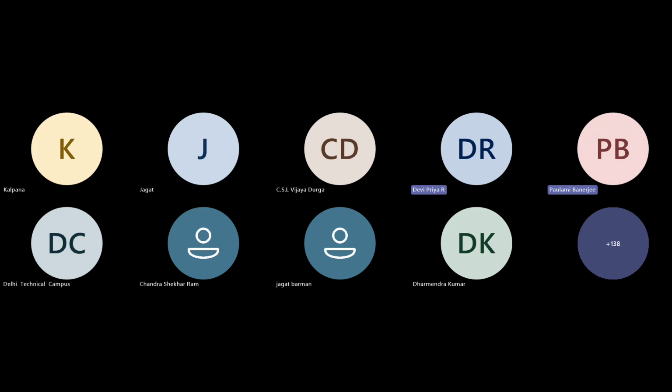Ma'am, what exactly happens in the generative case? See, artificial intelligence, this machine learning, is used in two ways. One is either you want to do some prediction or classification.